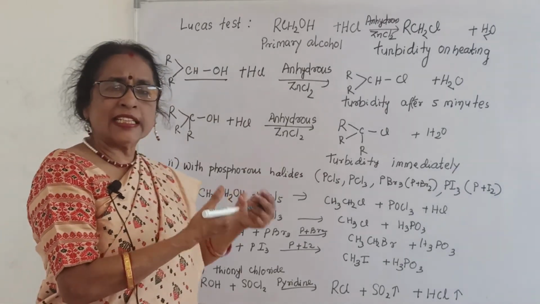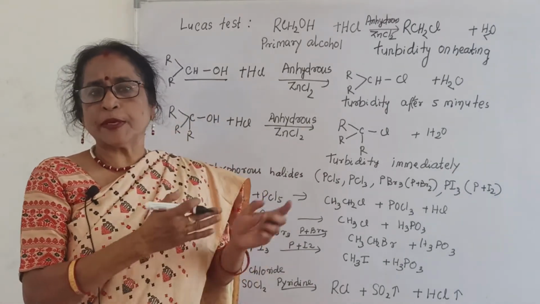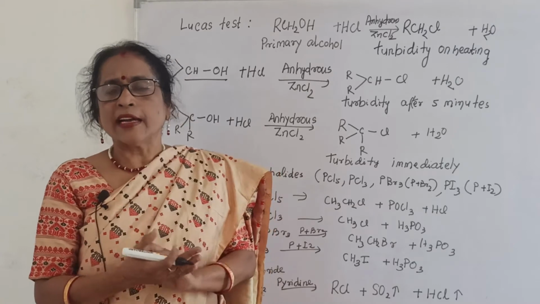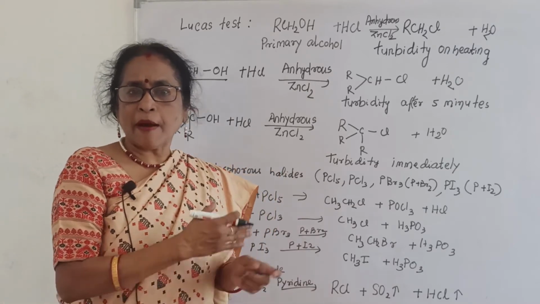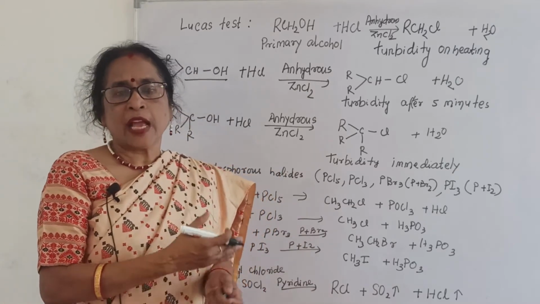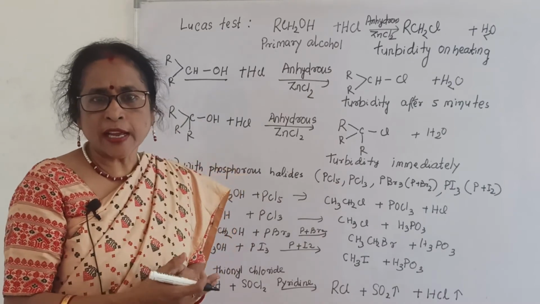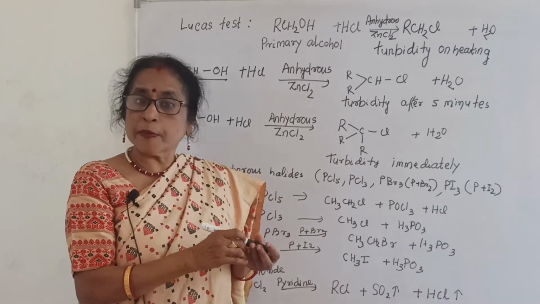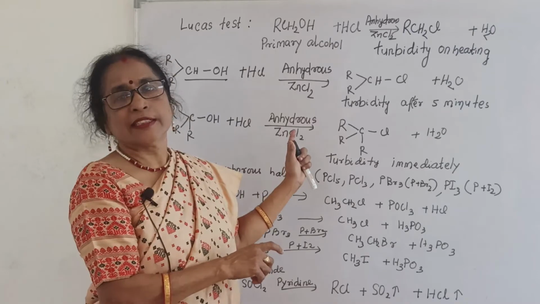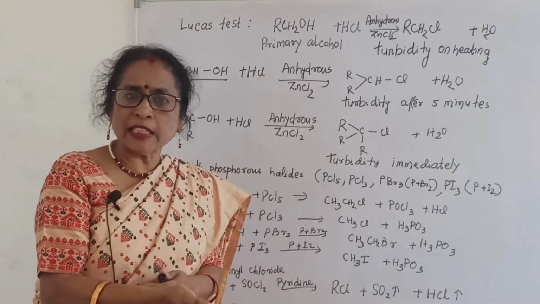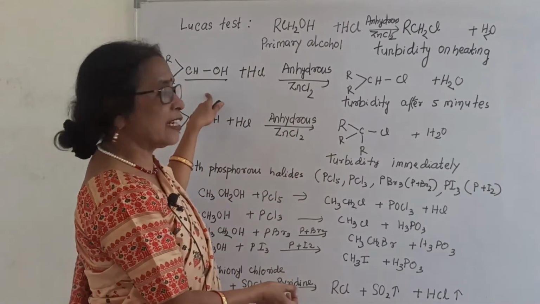That means one can easily distinguish between primary, secondary and tertiary alcohol. If after treating with HCl and anhydrous zinc chloride the alcohol gives turbidity immediately, it is tertiary. If it gives turbidity after 5 minutes, then secondary.